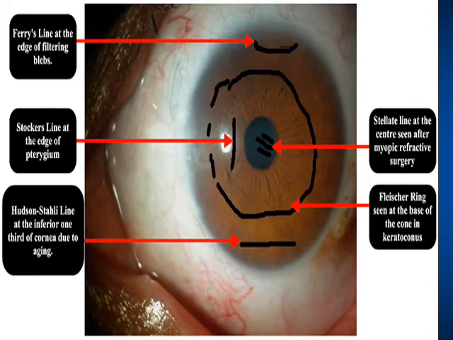This is an illustration of it. As you can see, Ferry's line at the edge of the filtering bleb, Stocker line at the edge of the pterygium, Stahli-Hudson line between the inferior third and the upper two thirds of the cornea, stellate line at the center seen after myopic refractive surgery, and Fleischer ring at the base of the cone of the cornea.